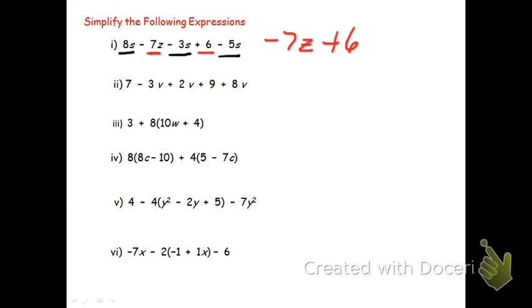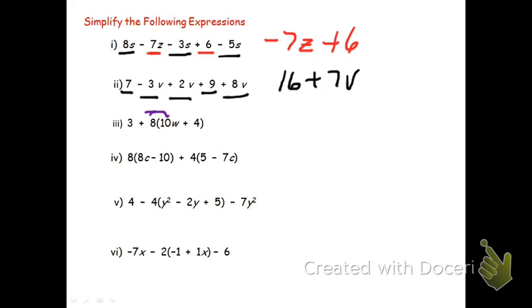Okay, and the next one, again, there's nothing to distribute, so we'll go through and combine our like terms. So I have 7 plus 9, so that's 16. Then I have a negative 3v and a positive 2v, so that's a negative 1v, and a positive 8v, so that's going to give me a positive 7v. Okay, with the next one, we do have to use our distributive property here at the beginning.